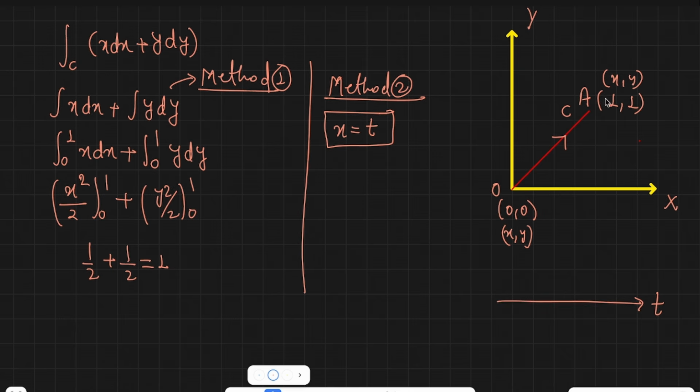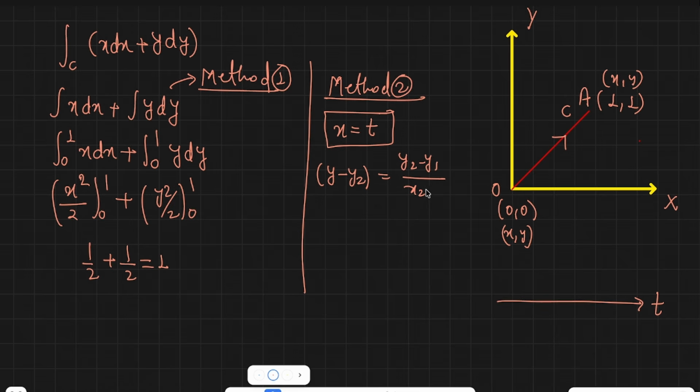And I know that this is a very simple equation, that is y is equal to x line. This is the y equals x line, theta is equal to 45 degrees, pi by 4. I can easily guess this. Or else, if you don't know how to find the equation of a line, then you can apply y minus y1 is equal to y2 minus y1 upon x2 minus x1, times x minus x1.